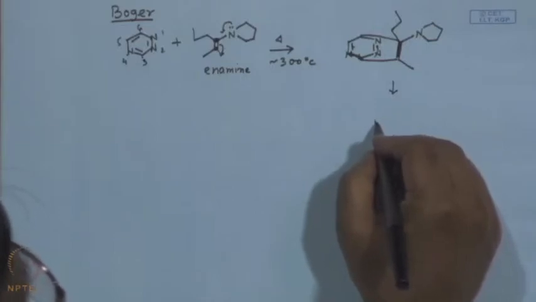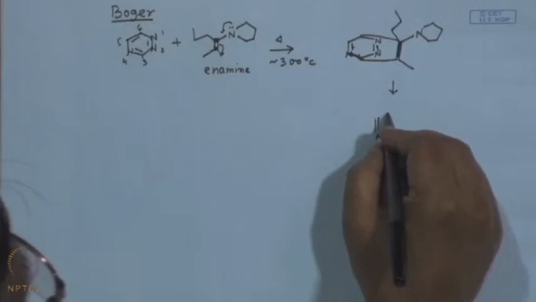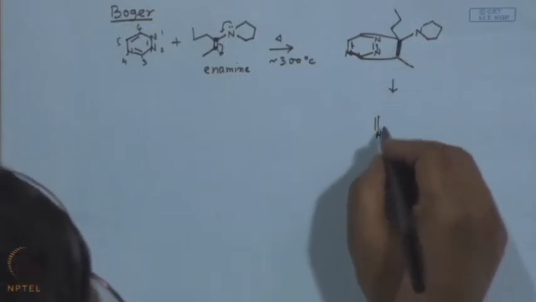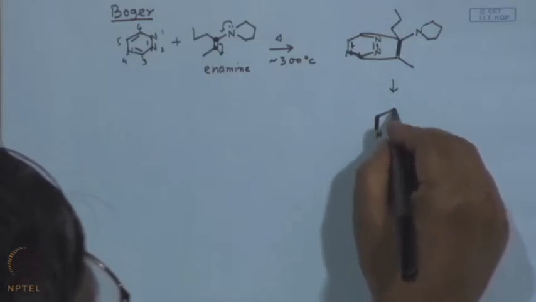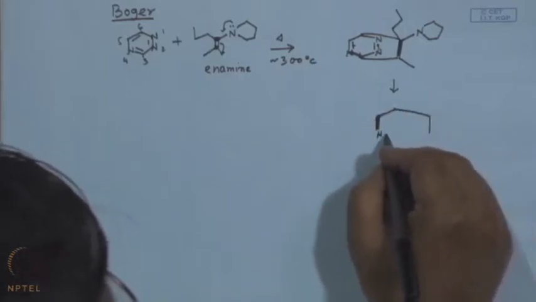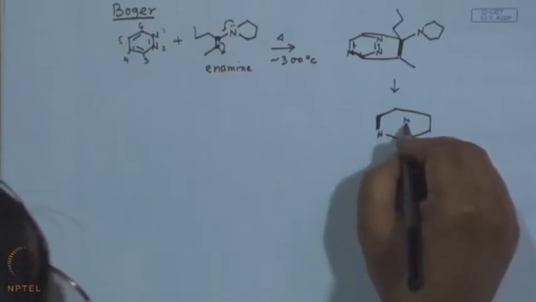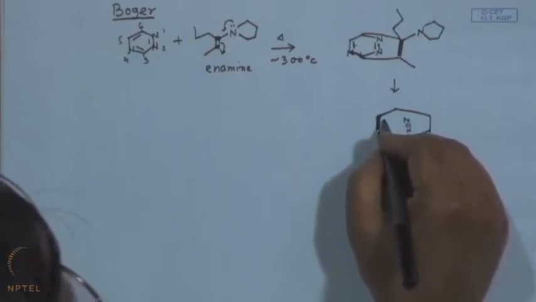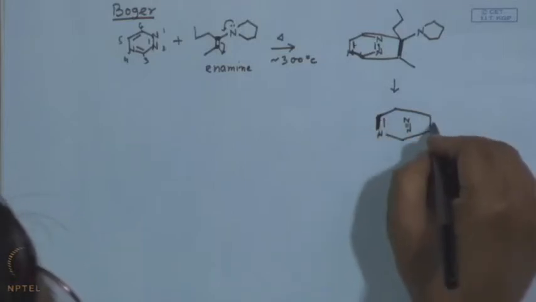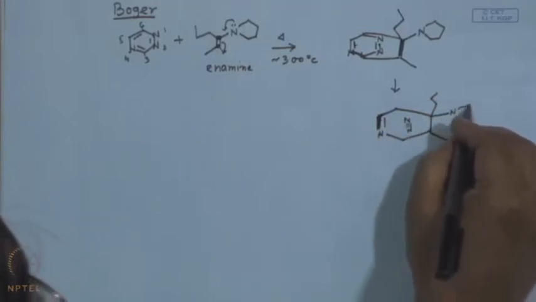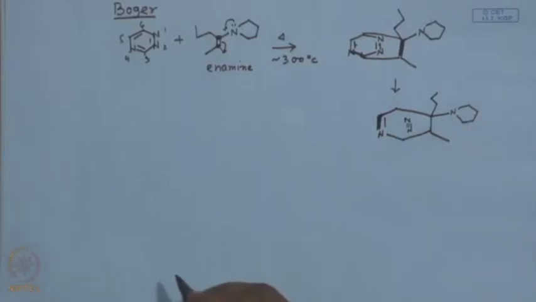We will write the way it is already written. So, I think this way it looks better. So, nitrogen comes out, and then you will have a double bond, methyl substituent and the propyl substituent and the pyrrolidine ring system.